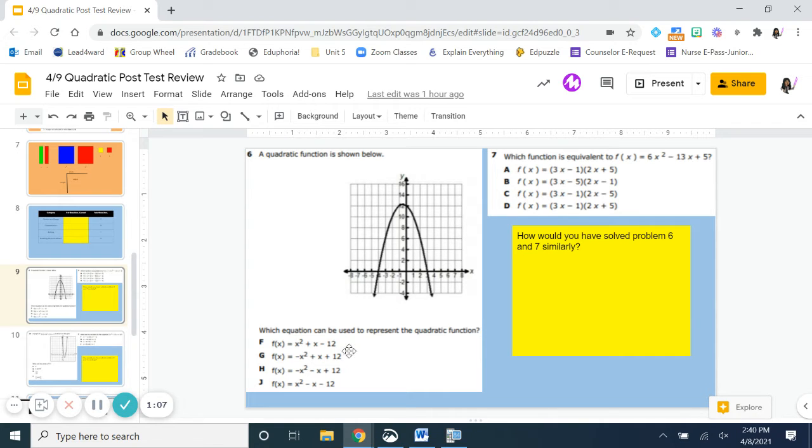All right, so first thing I notice is that the vertex of the function is close to 12. So I'm going to look at my graph really closely. It looks like the vertex is a little bit above 12, but the y-intercept specifically is at positive 12.